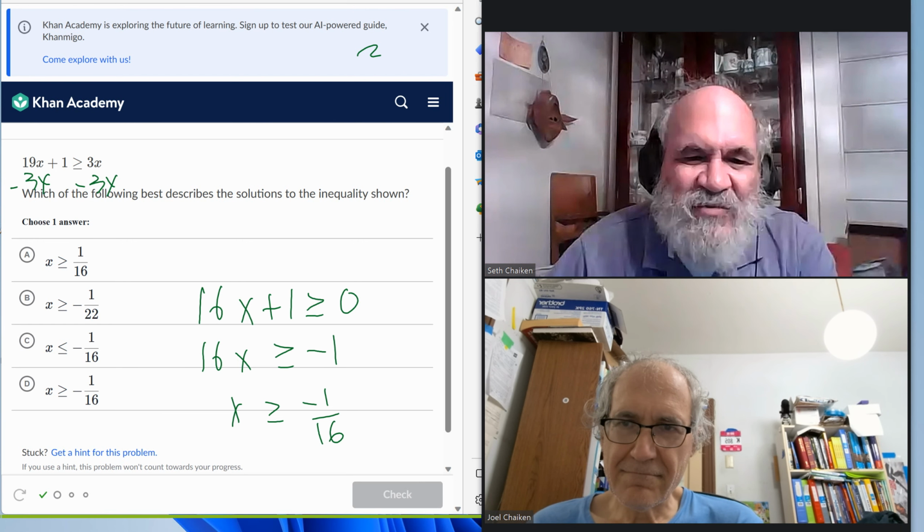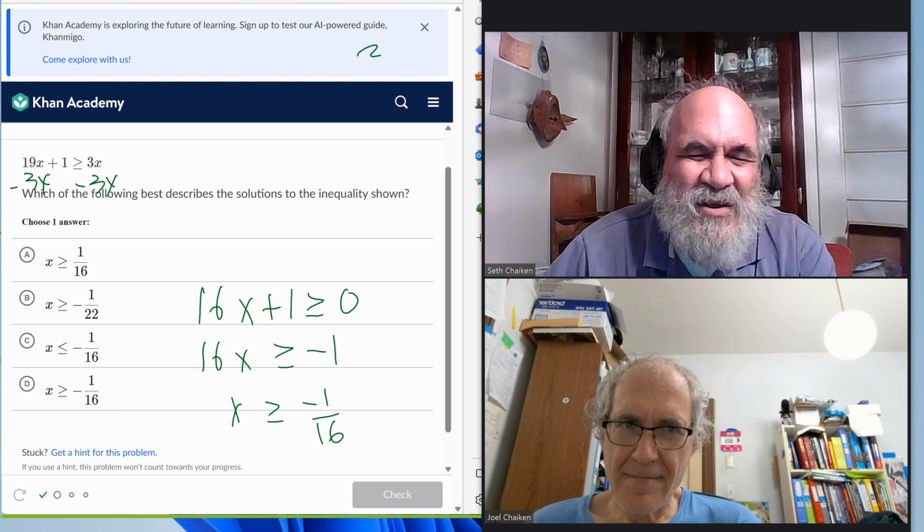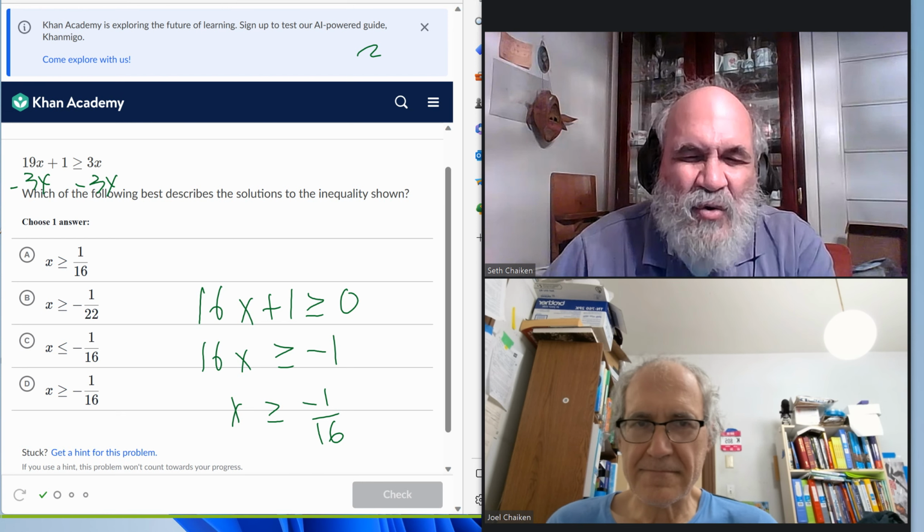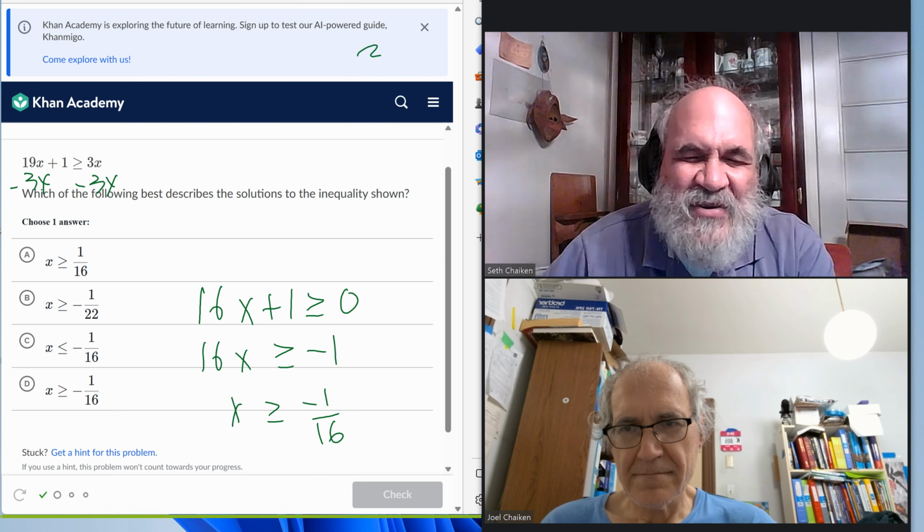So rather than worrying about which side the X is on, you need to get the X on some side of the given inequality and make the coefficient of X be 1.